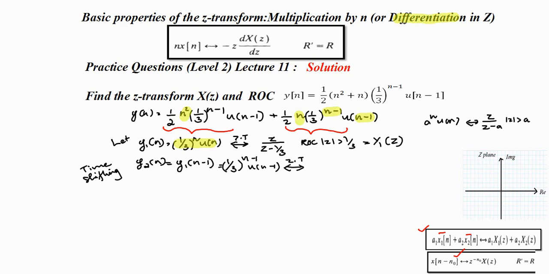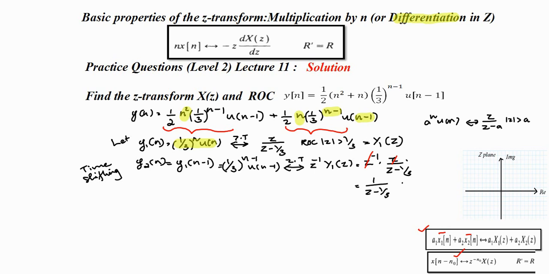This is already given. By applying the time shifting property, if you know y1, you can write z raised to minus 1 y1 of z. y1 is already given, so we can write z raised to minus 1 into z by z minus 1 by 3. Now these two terms cancel, and the answer becomes 1 by z minus 1 by 3.